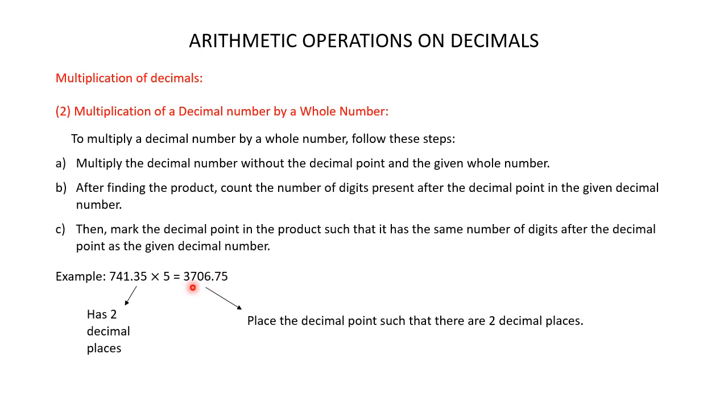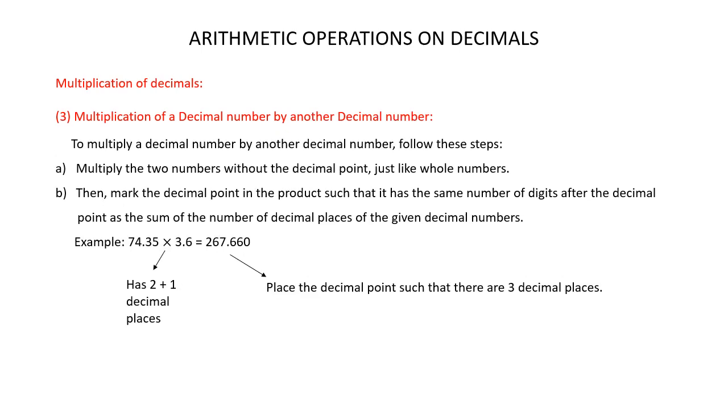So the product will be written as 3706.75. Now this answer also has 2 digits after the decimal point, just like the given decimal number 741.35. So the final answer is 3706.75.